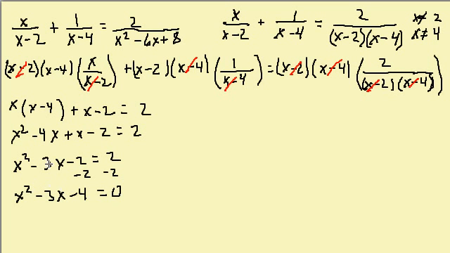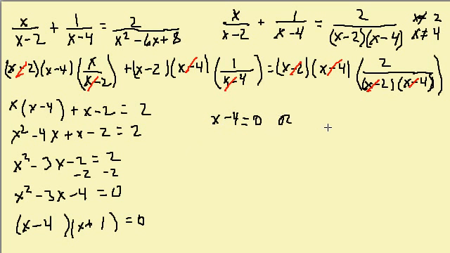So now I'm solving this quadratic equation. So I'm going to factor. So I get x minus 4, x plus 1 equals 0. So I have x minus 4 equals 0 or x plus 1 equals 0.